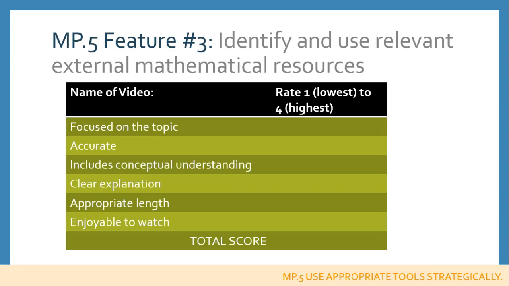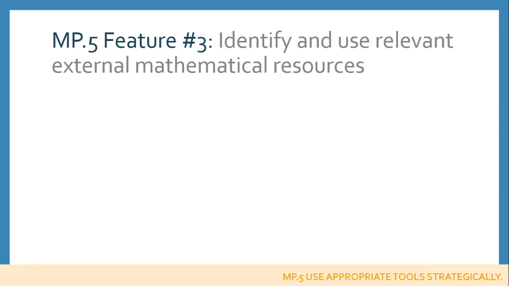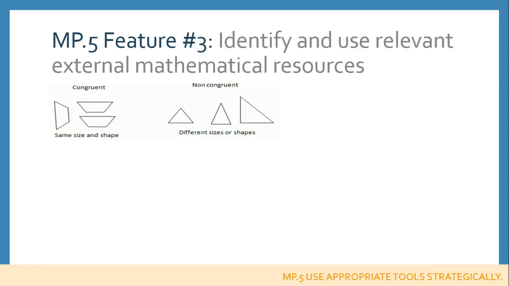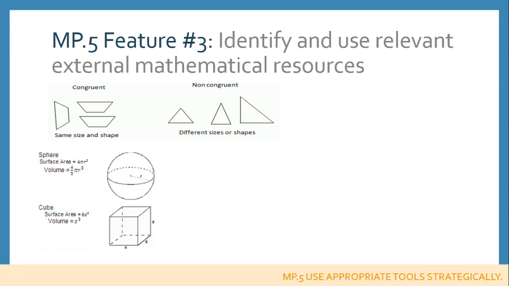Students could watch for focus, accuracy, conceptual understanding, a clear explanation, an appropriate length, and an enjoyable watching experience. At a higher level, students could use their smartphones as tools in the problem-solving process. For example, they could look up definitions or unfamiliar math terms or higher-level formulas that they need.